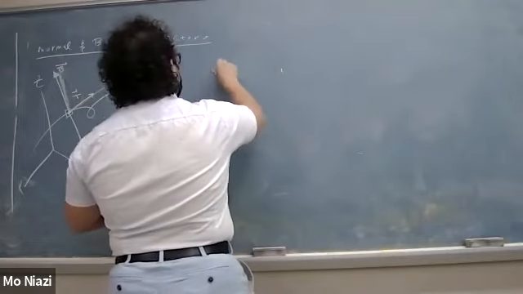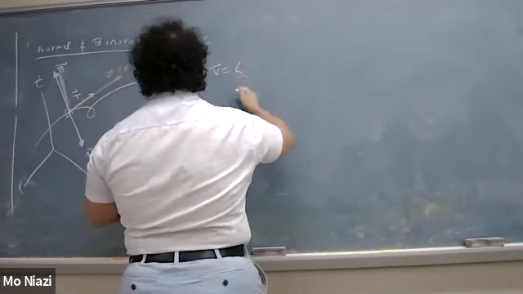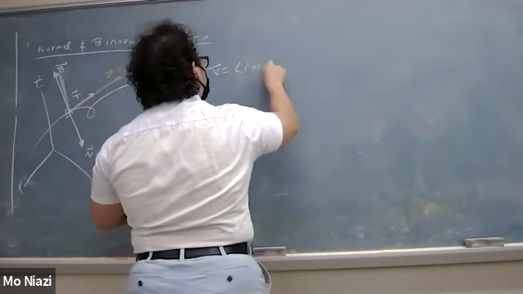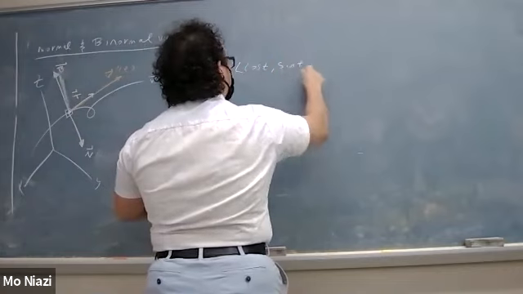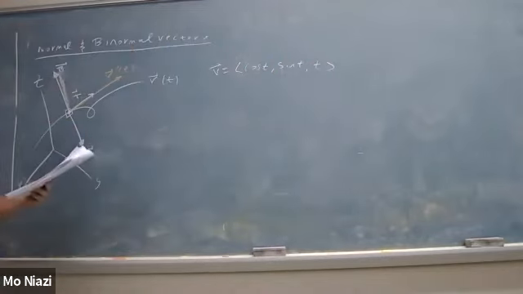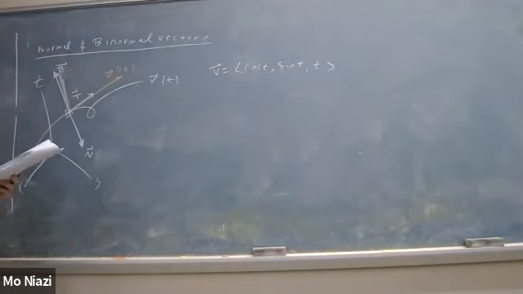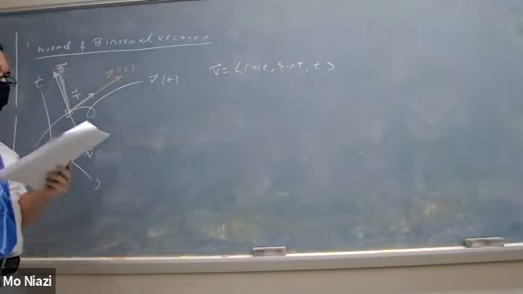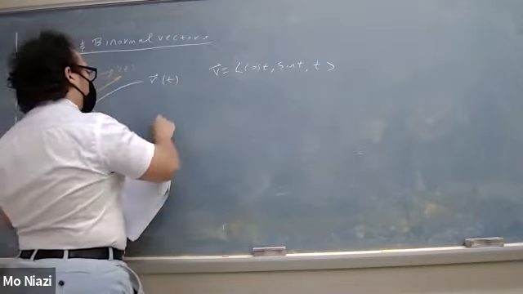Let's say that r is equal to cosine of t, sine t, t. This is the prototypical parameterization of a helix. And we want to know what is B.